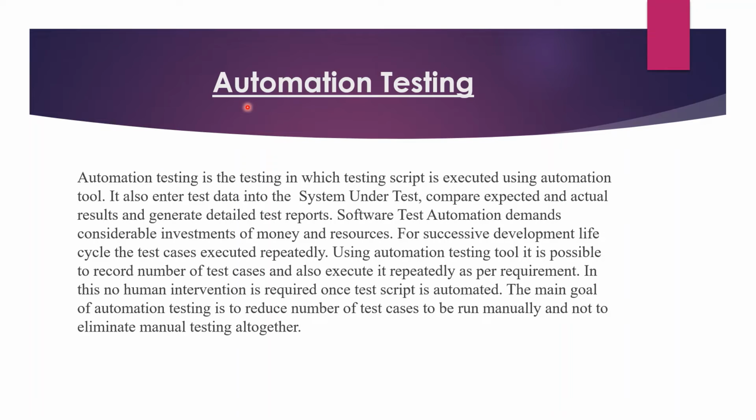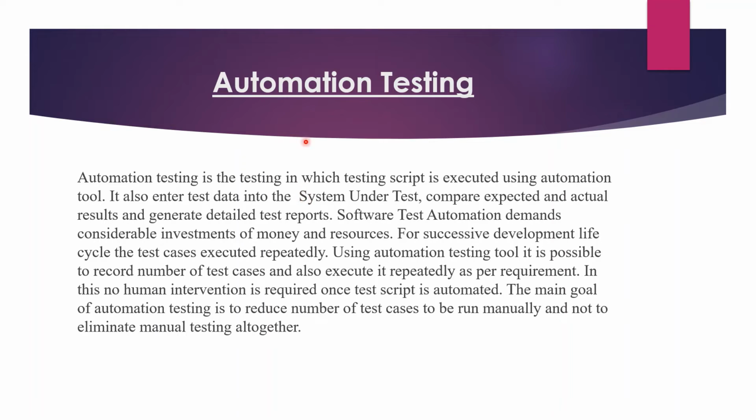Automation testing. Automation testing is the testing in which a test script, once it has been tested manually and is feasible to automate, is automated by using an automation tool. In automation testing, less investment is required, or its cost is also less.